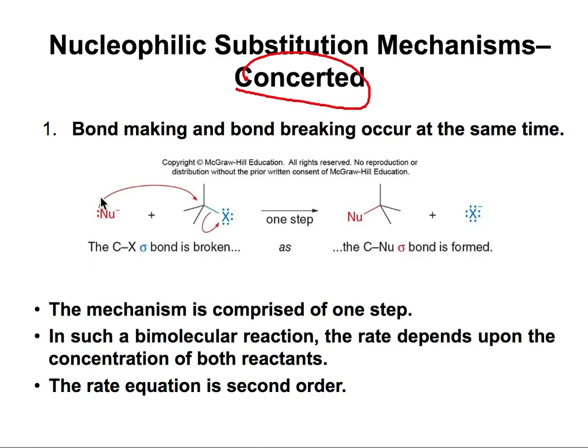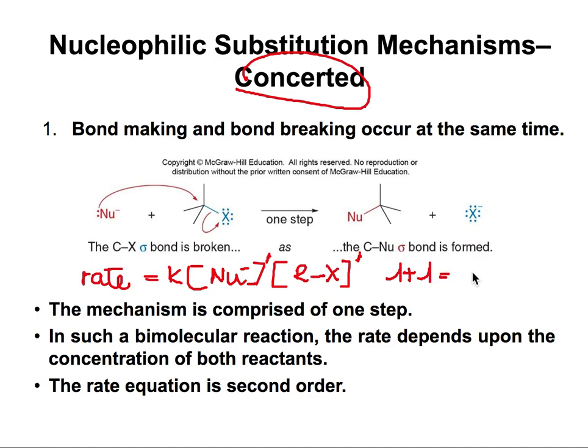If you recall from last week's class, we said that when a reaction happens in such a way that both my reagents are involved in the reaction, then we're going to define the rate as k multiplied by the concentrations of both of them, right? So this will be, and here I would have the alkyl halide. Because the rate will be determined by the two of them and they will be elevated to 1, that will be 1 plus 1 equals 2.